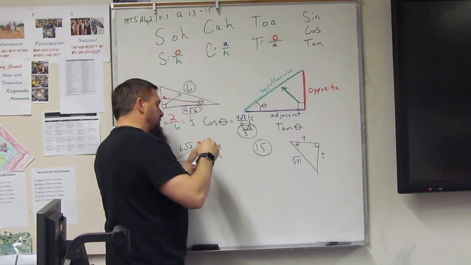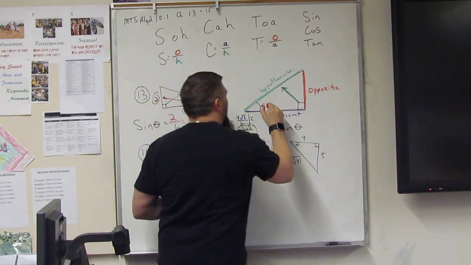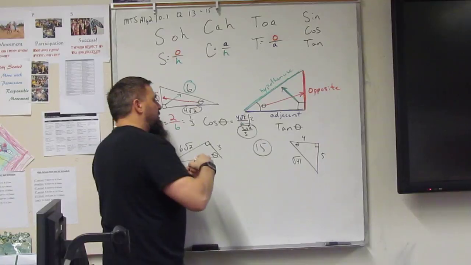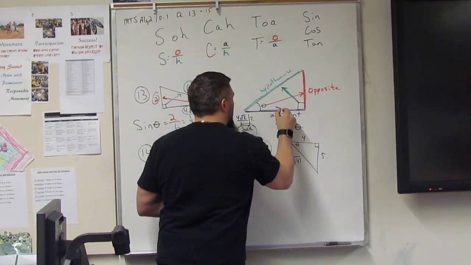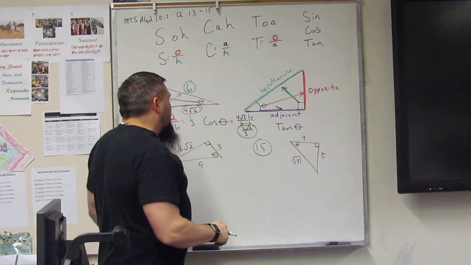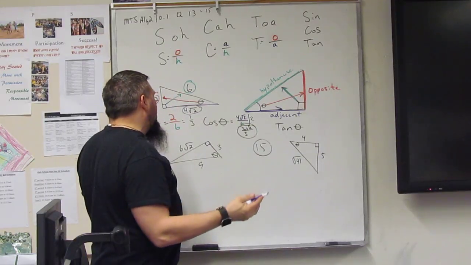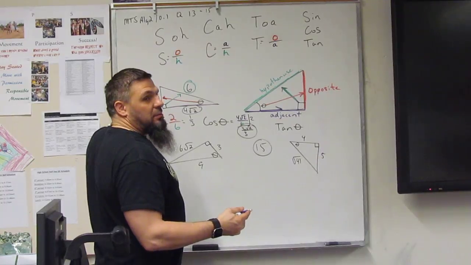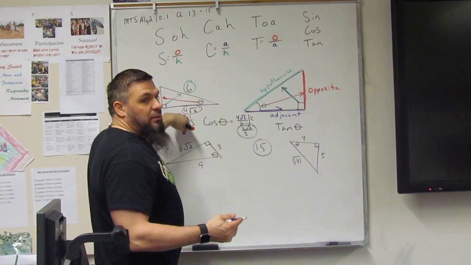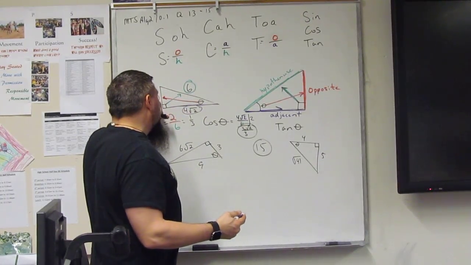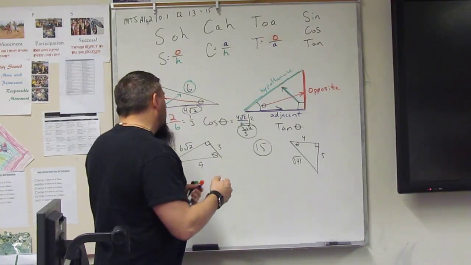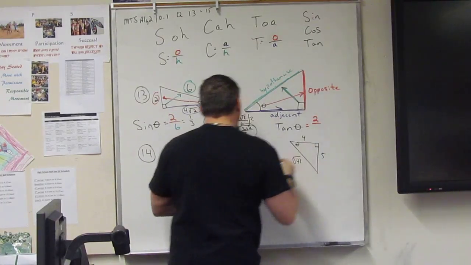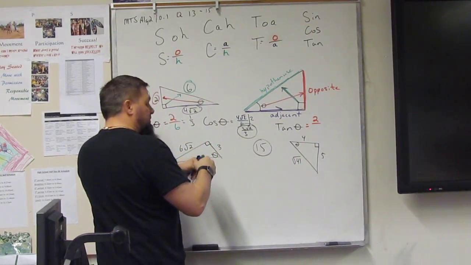You got the hypotenuse, you have the opposite, and you have the adjacent. And I'm looking at this guy, and we already color-coded him, so it's going to be red over purple, the opposite over the adjacent. So in this case, I'm going to have 2 over 4 square roots of 2.